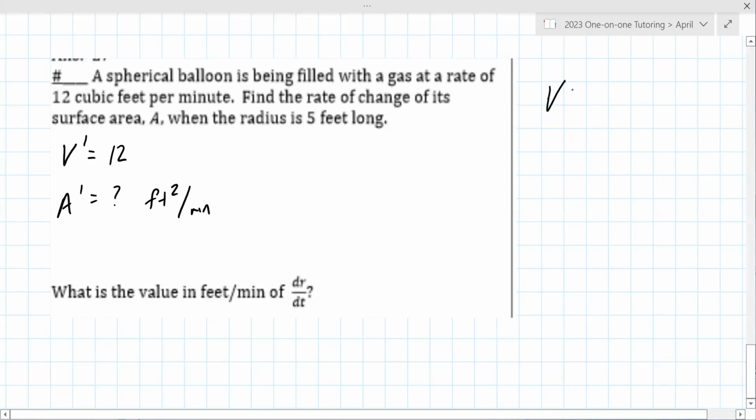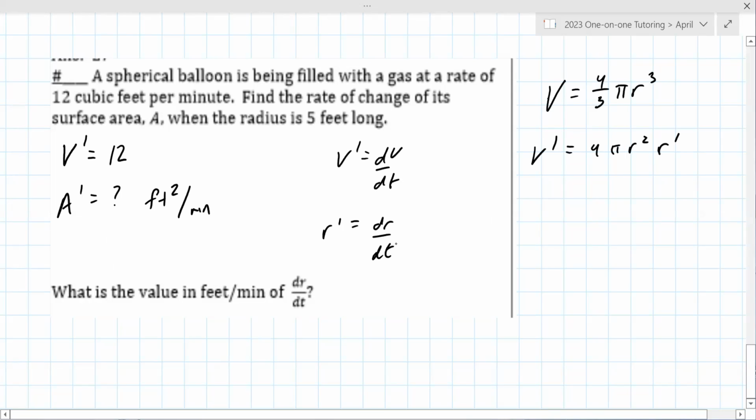Nevertheless, volume is 4/3 pi r cubed. V prime is 4 pi r squared r prime. And just to be clear again, V prime is dv dt, r prime is dr dt. Okay, so we have everything to solve for r prime.